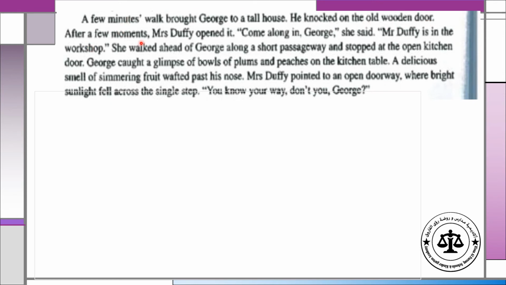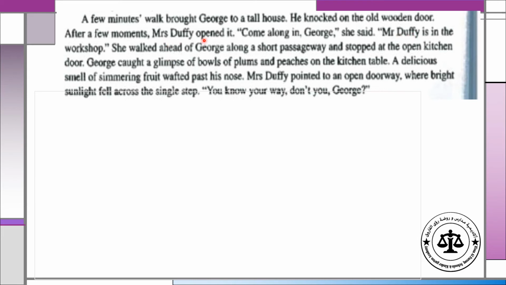After a few moments, بعد لحظات قليلة, Mrs. Duffy opened it. It refers to the door. Yes, فتحت الباب السيدة دافي لجورج. Come along again, George, she said. She refers to Mrs. Duffy. Mr. Duffy is in the workshop. Who said that?